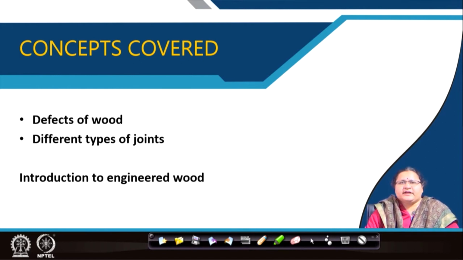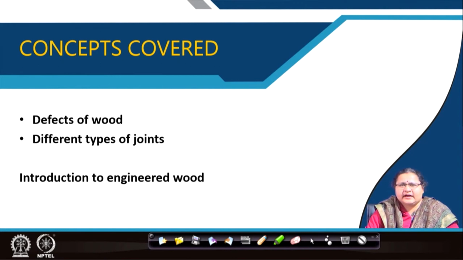Through conversion, we have come for the different types of wood, and during conversion if you are careful of the defects, if you can avoid the defects, then you will get good quality wood. So, procuring wood of good quality needs to be done after identifying the defects.